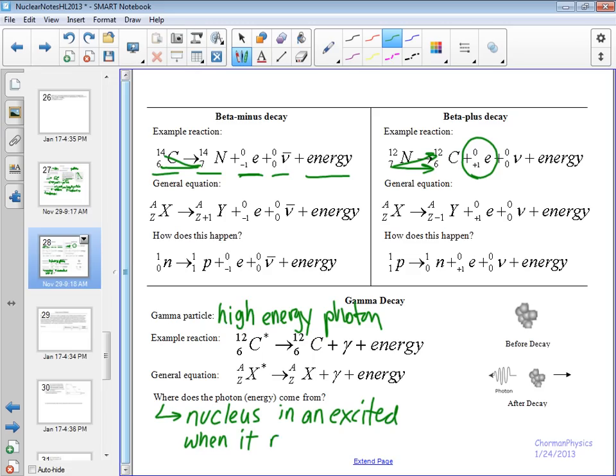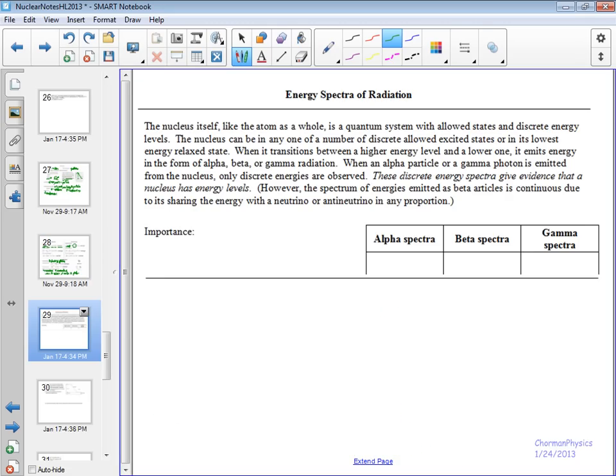When it relaxes, it emits a photon. Okay, and that's pretty much it. So those are the three different types of ionizing radiation.